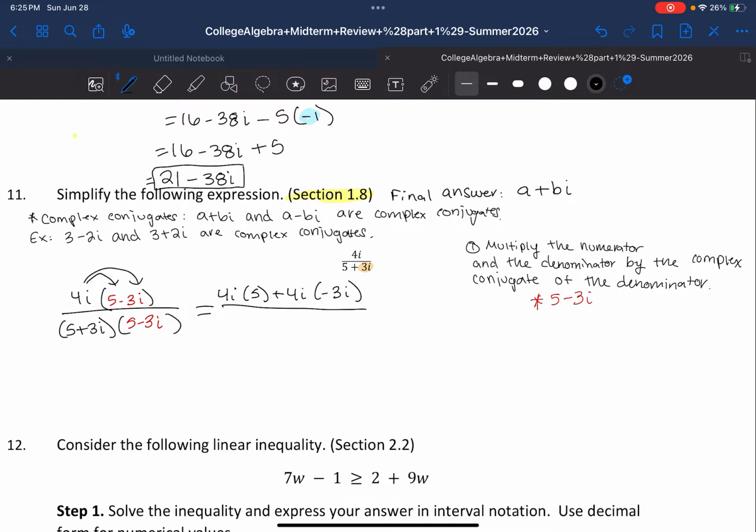So first would be 5 times 5, which is 25. Outer would be positive 5 times negative 3i. Inner would be plus 3i times 5. And last would be positive 3i times negative 3i.